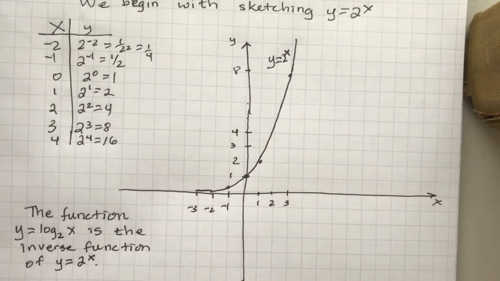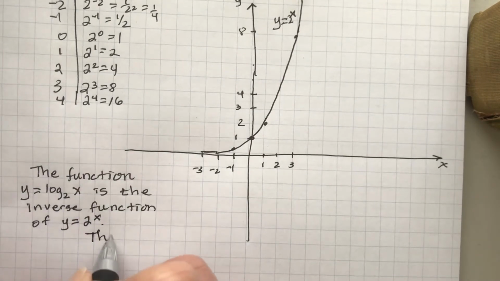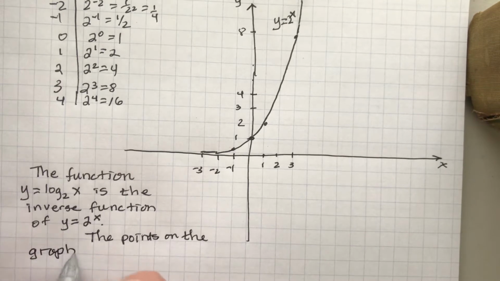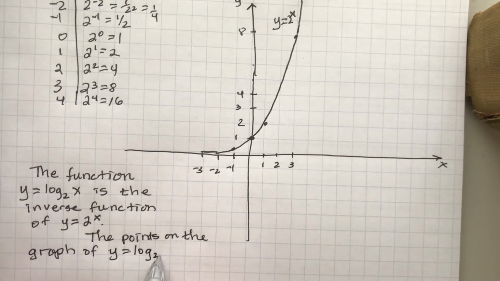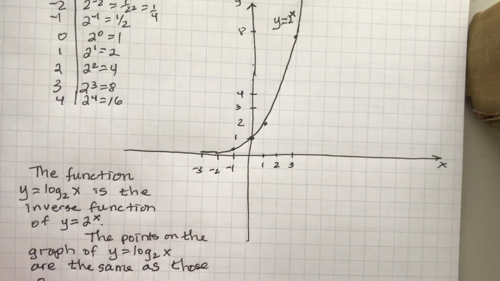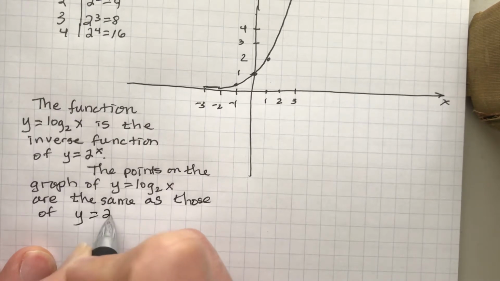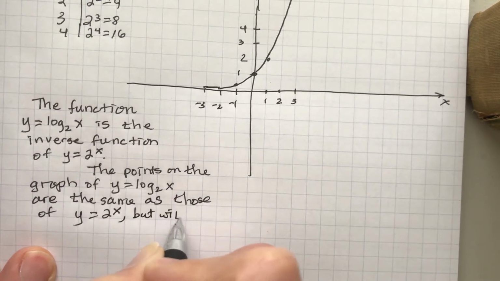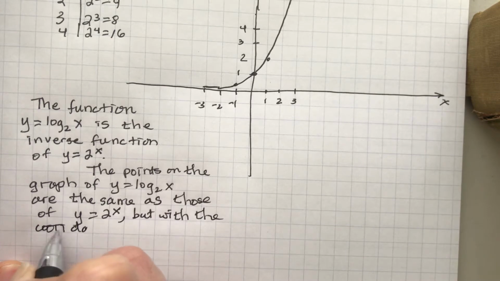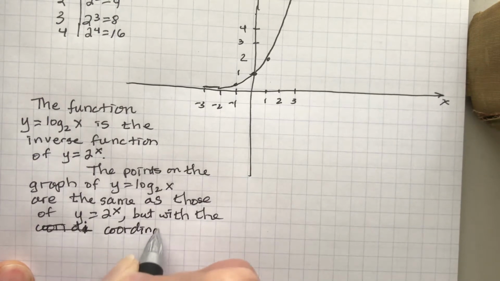And so the points on the graph of y equals log base 2 of x are the same as those of y equals 2 to the x, but with the coordinates switched.